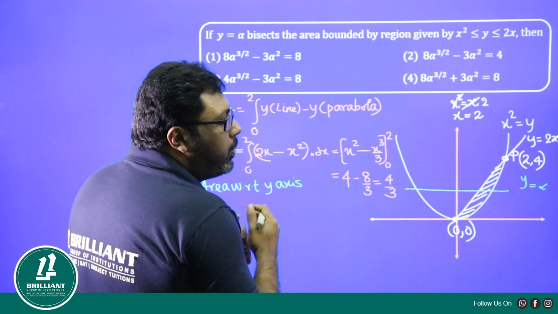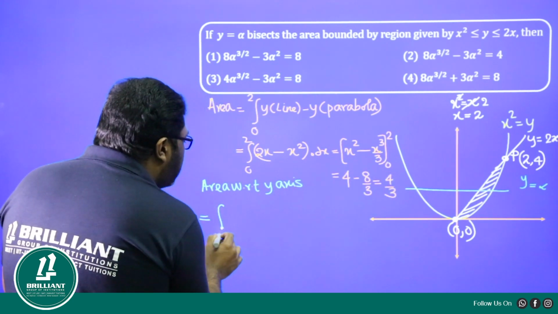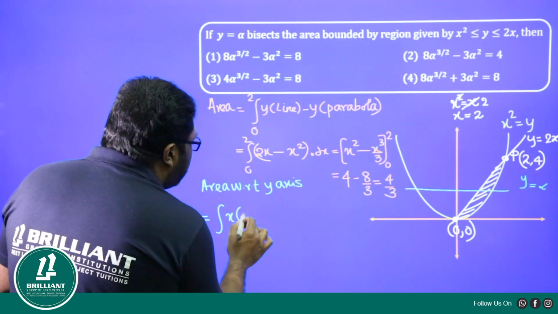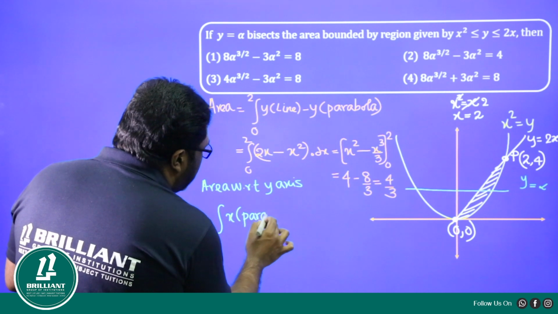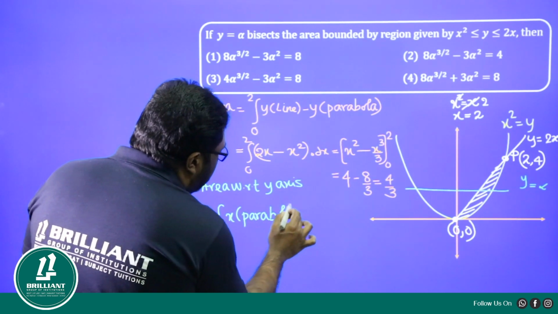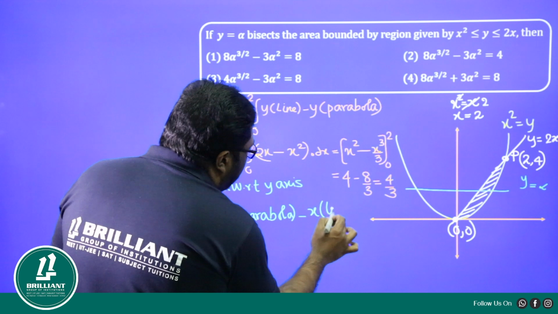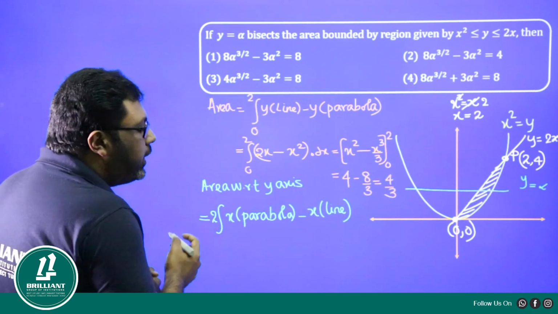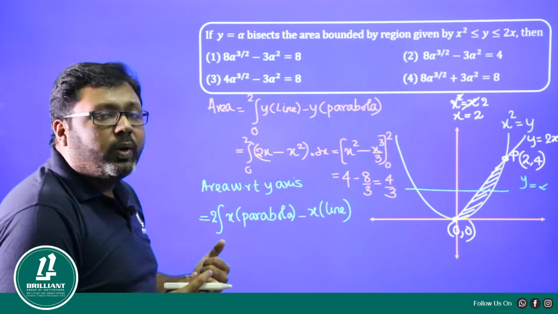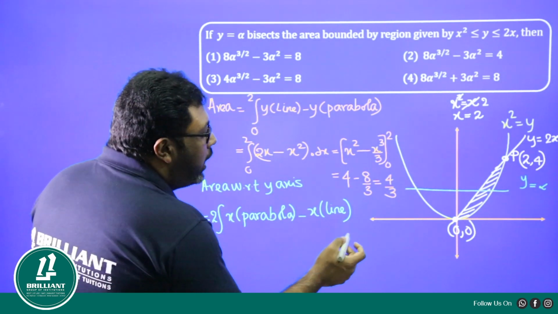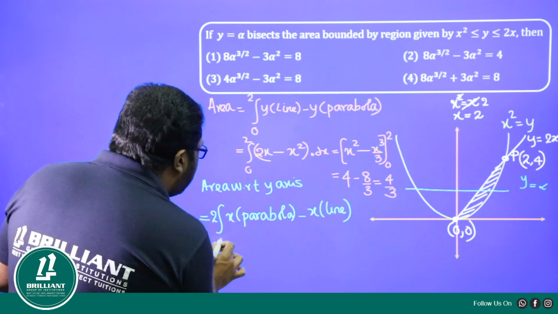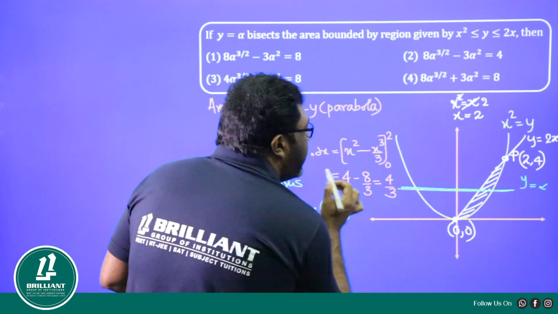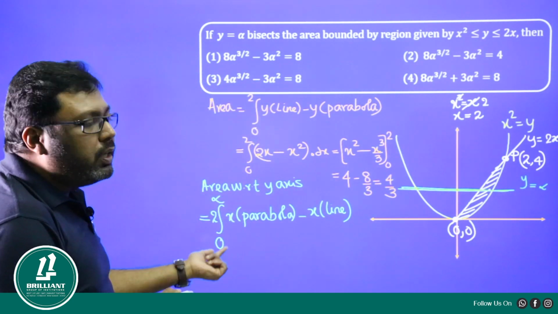Now parabola becomes the curve. So the answer is going to be, what is the x of the parabola? X of the parabola minus x of the line, and I'll multiply it with 2 because it becomes twice. And the value of y is from 0 to alpha, because y is equal to alpha is bisecting the area. So the limit is from 0 to alpha.